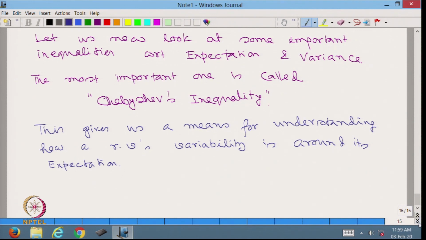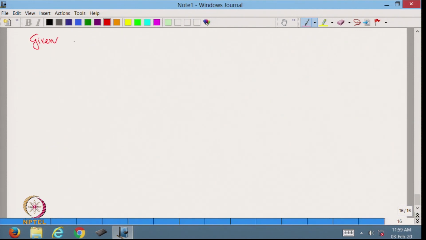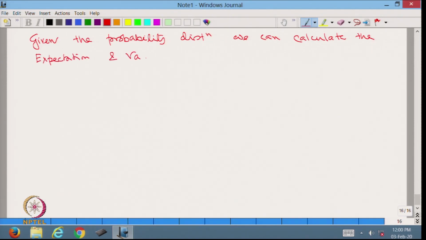Let me illustrate. Given the probability distribution we can calculate the expectation and variance of the random variable if they exist.